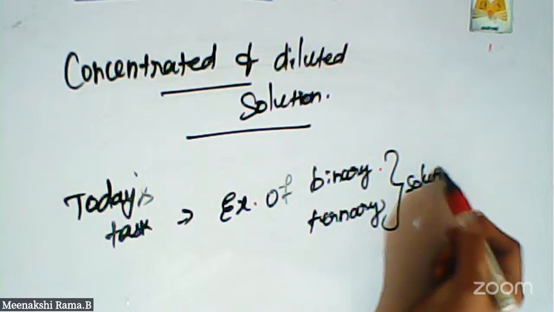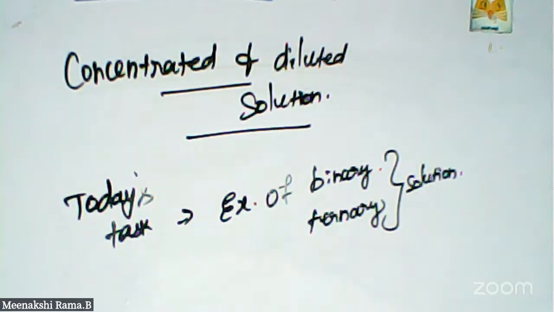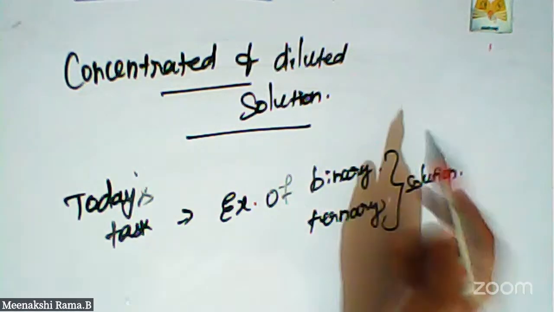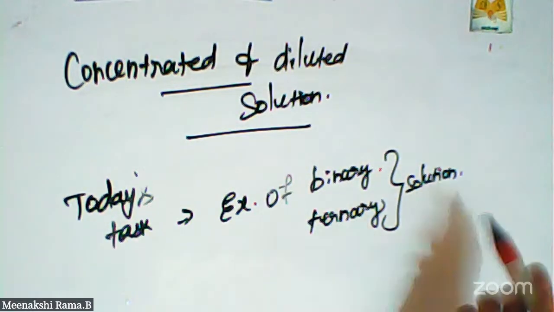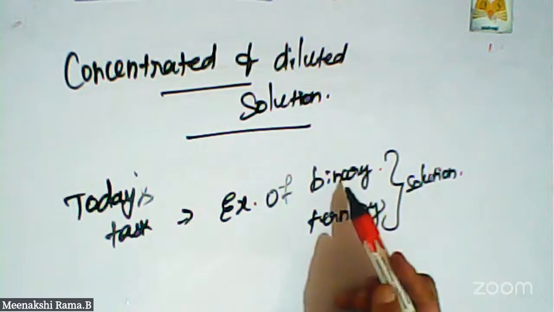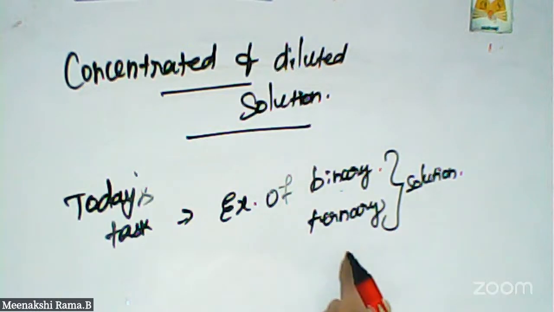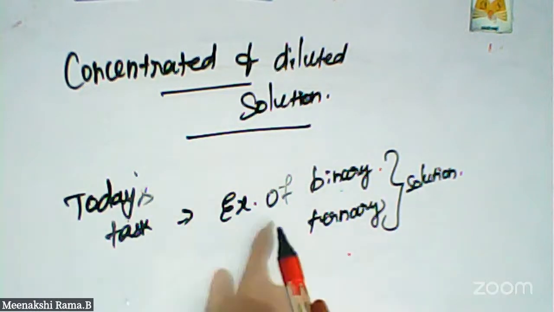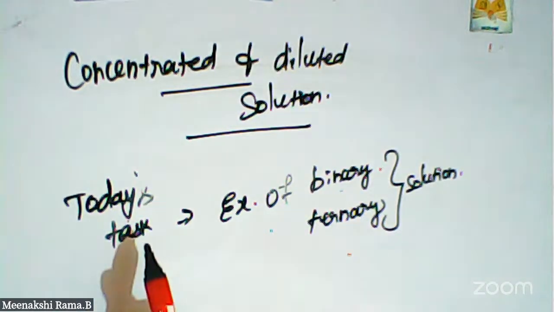Please write it and tell me what are the binary solution examples, what are the ternary solution examples we are using in our day-to-day life. That is very easy. So please write some examples for binary and ternary solution. That is the task of today's session. Easy? Please do it and answer me in the next session.